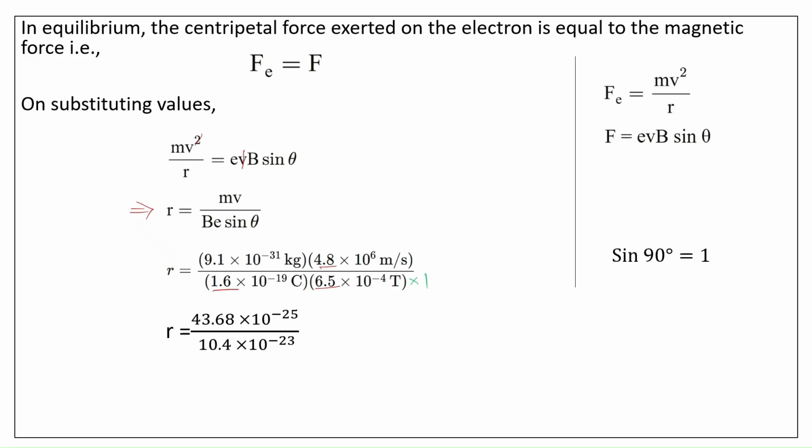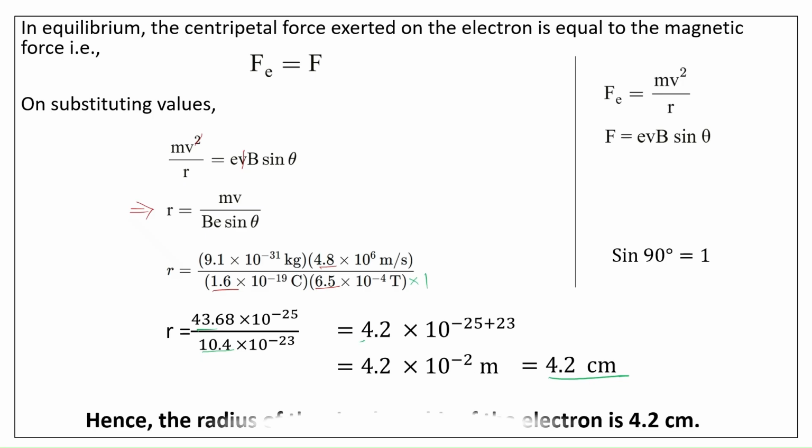Therefore, on simplifying, r = 43.68 × 10^-25 / 10.4 × 10^-23, that is equal to 4.2 × 10^(-25+23). Therefore, r = 4.2 × 10^-2 meter. Also we can write r = 4.2 centimeter. Hence, the radius of the circular orbit of the electron is 4.2 centimeters.